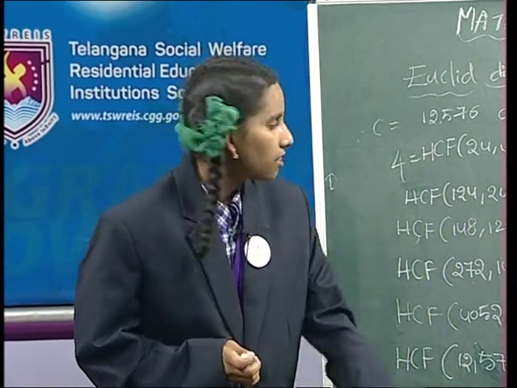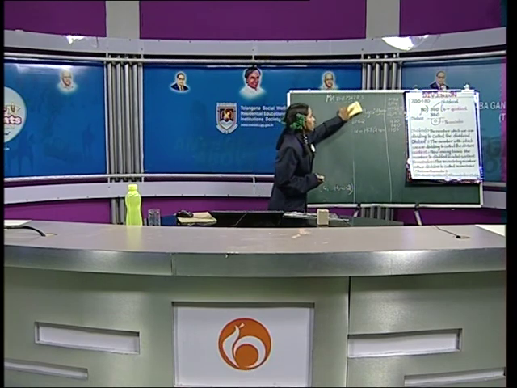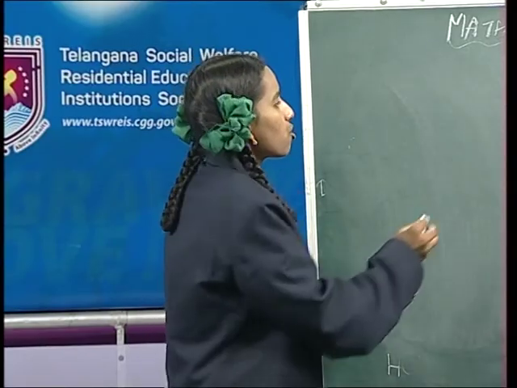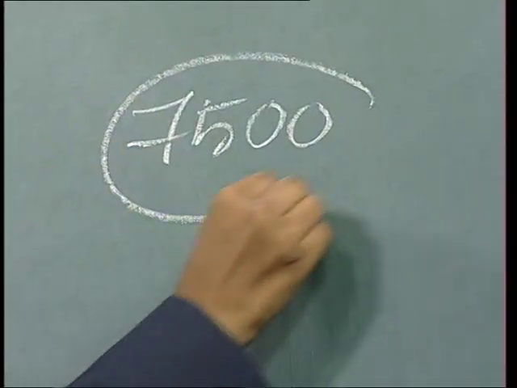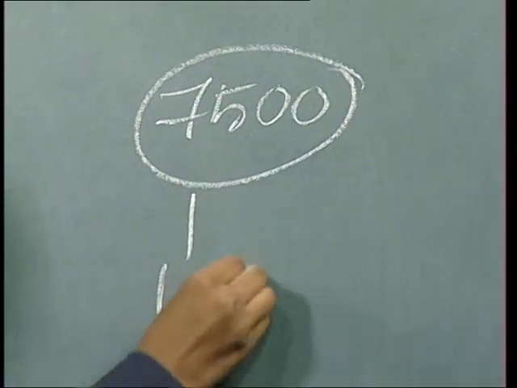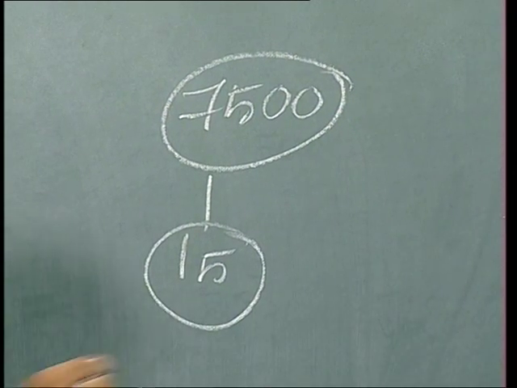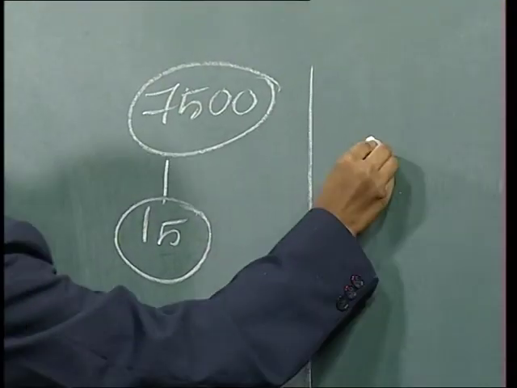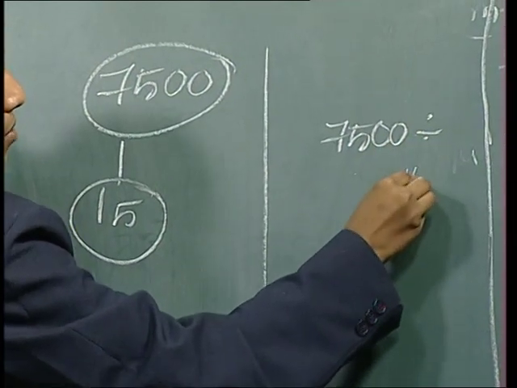Okay, I will tell. For example, a person has 15 workers. He has to distribute 7,500 rupees among 15 members. Then he will solve the problem like this: 7,500 divided by 15.